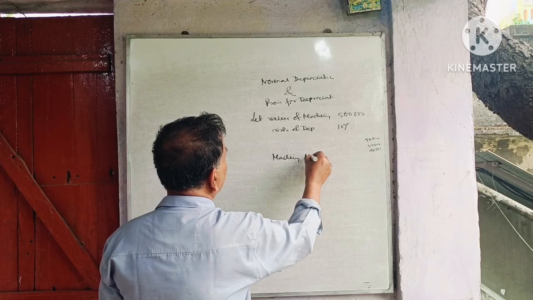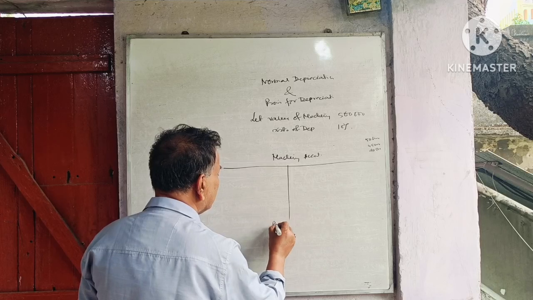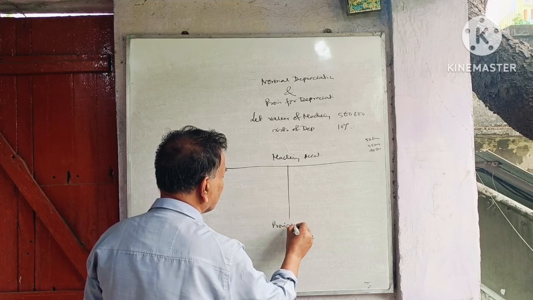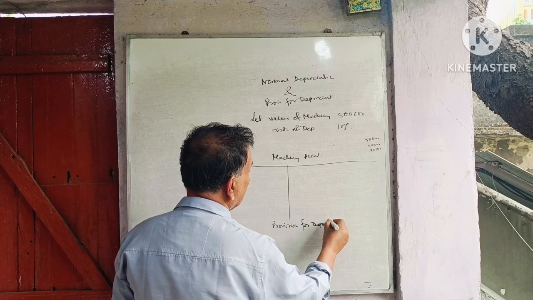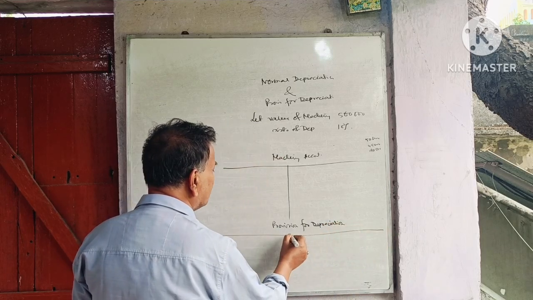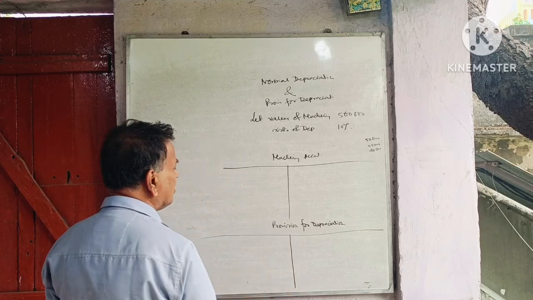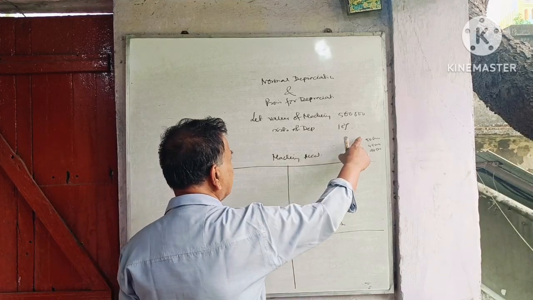Suppose at first machinery account and the second one is provision for depreciation account. Or it is called accumulated depreciation because depreciation is to be accumulated in each and every year. That is why the other name is accumulated depreciation. What is the depreciation for the first year? 50,000.